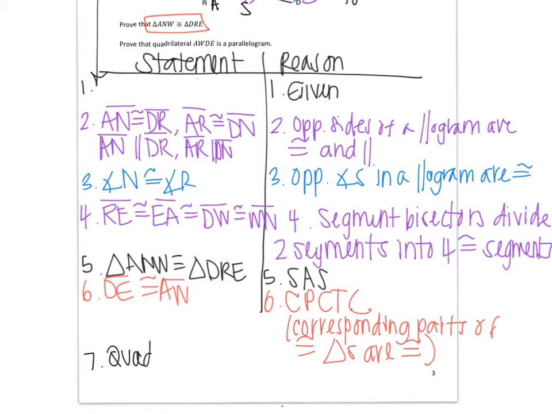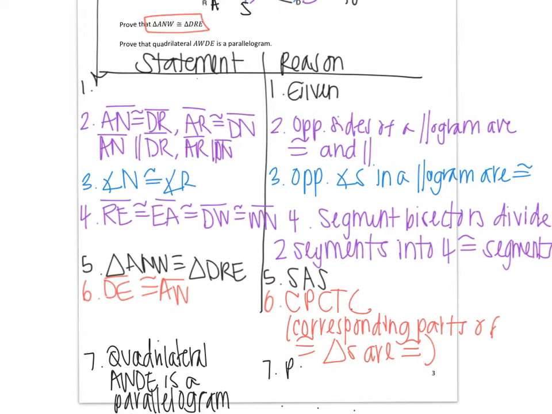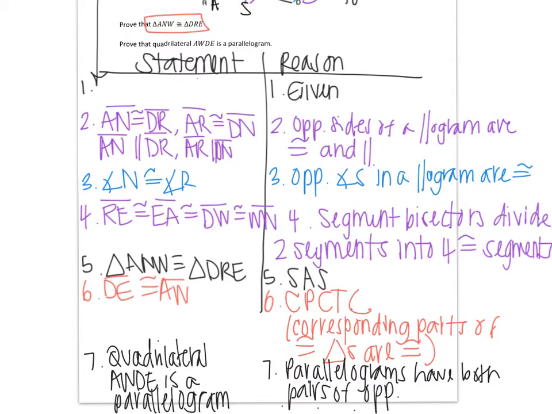Quadrilateral AWDE is a parallelogram. And this is because parallelograms have both pairs of opposite sides congruent.